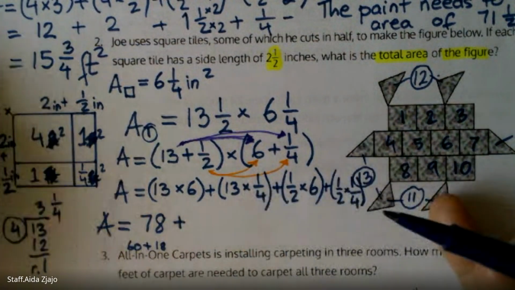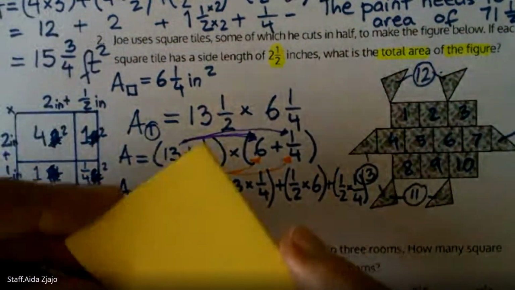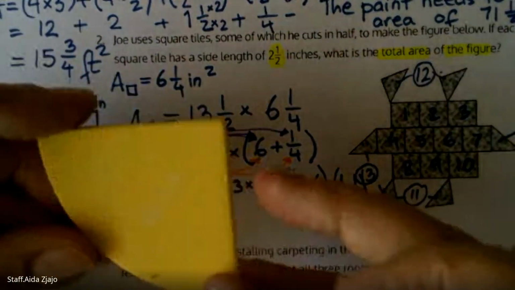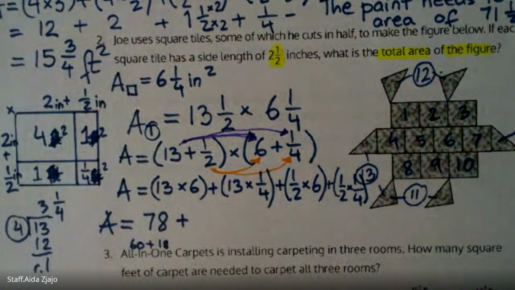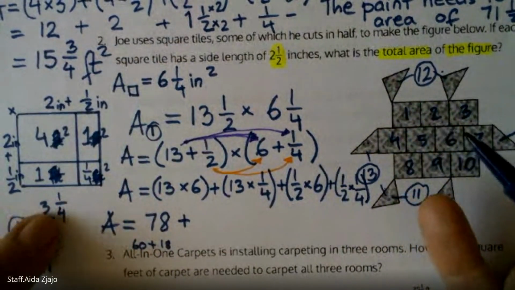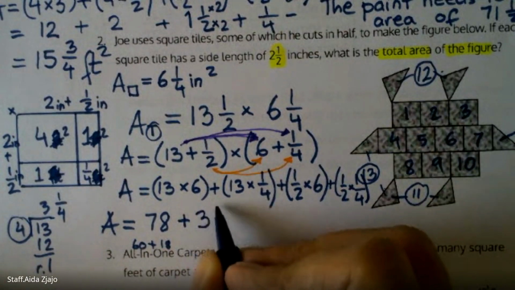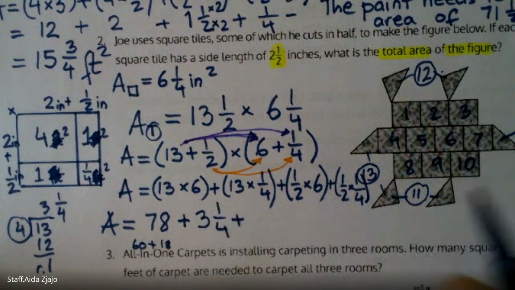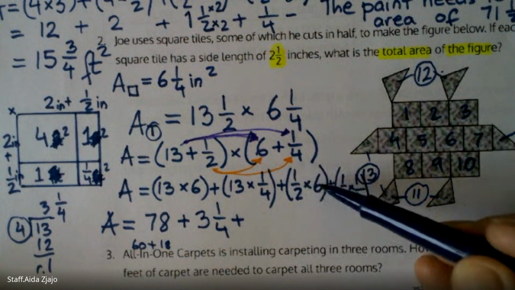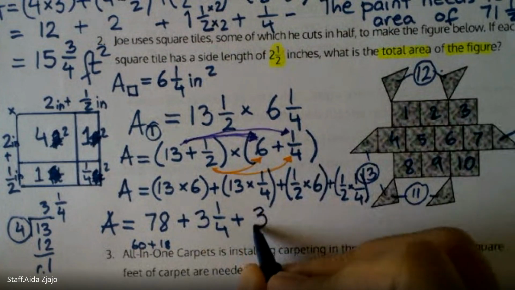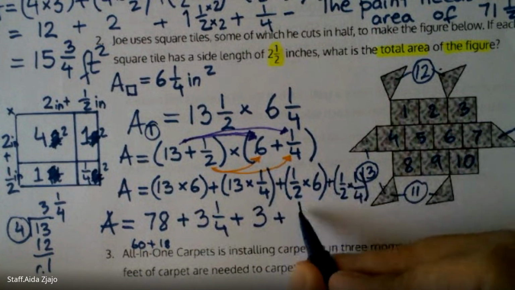Also, you can think of it as if you have 13 of these fractions, you can add them. 4 of them will make a whole, and another 4, another whole, another 4. So you will have 3 wholes and 1/4 will still be there. So 3 wholes and 1/4 plus. Now this is easy because you just need to say what is 1/2 of 6. So 1/2 of 6 is 3, and the last, 1/2 times 1/4, is 1/8.